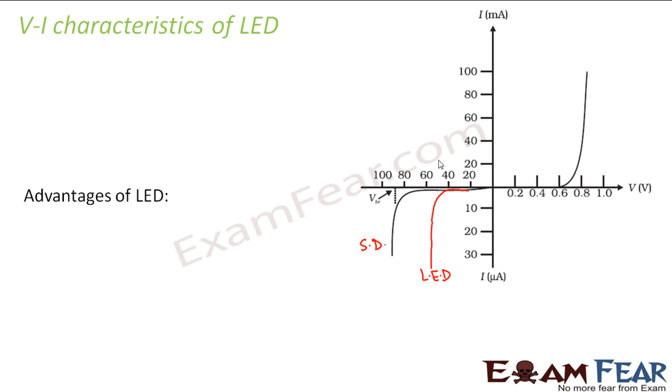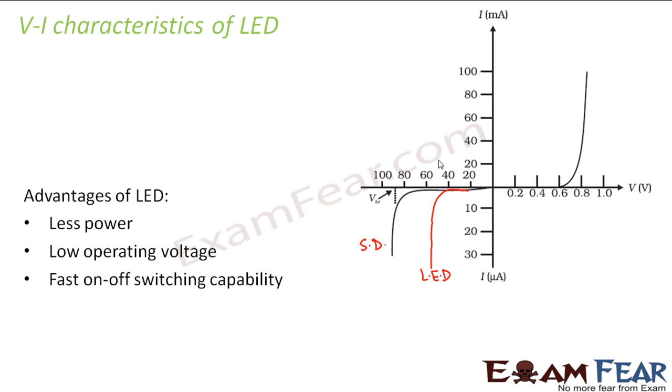So what are the advantages of a light emitting diode? Less power consumption, low operating voltage, fast on-off switching capability. If you connect an LED and switch it on, it glows immediately. Switch it off, it goes off immediately. It has a long life.